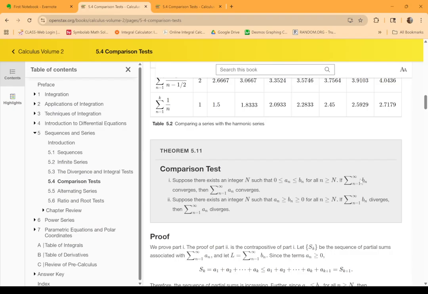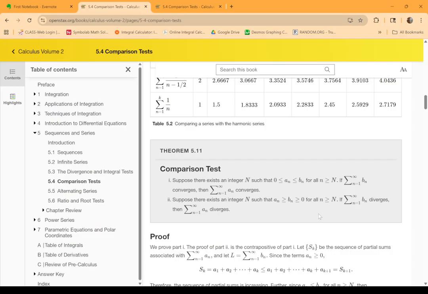For example, the P series, which we discussed previously. I know the convergence and divergence of those P series, and they're going to come in handy to establish these inequalities. So if I can establish this inequality for part one, and I know b sub n converges, then a sub n will have to converge, because it's less than some finite value.